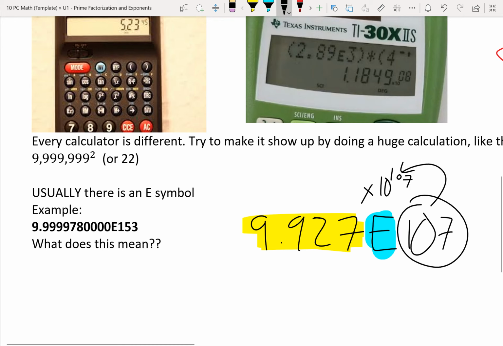So check what kind of calculator you have. And if you put something like this, so like 10 billion squared, or you do to the power of 22 or something, it'll chug it out. When I did it on my cell phone calculator, it ended up looking like this. So you can try it on whatever and just see what yours is so that you can actually read it and use it properly.